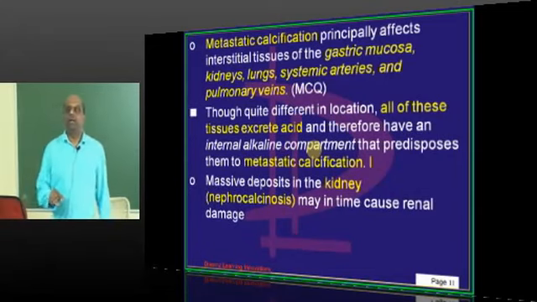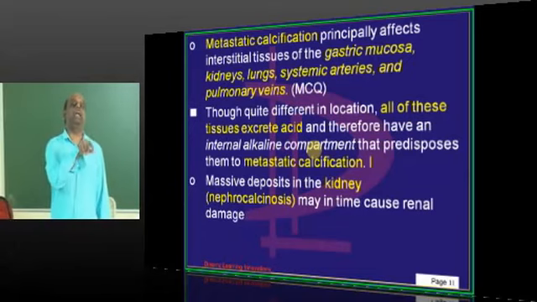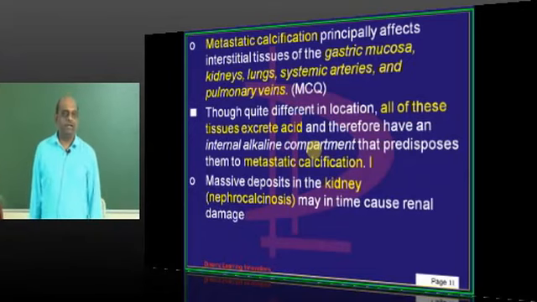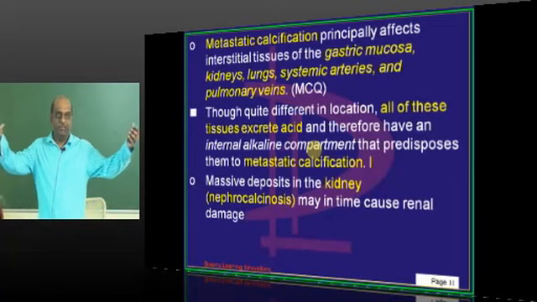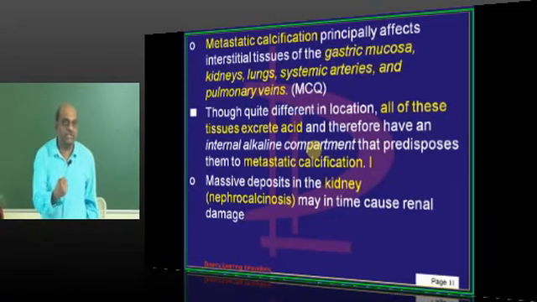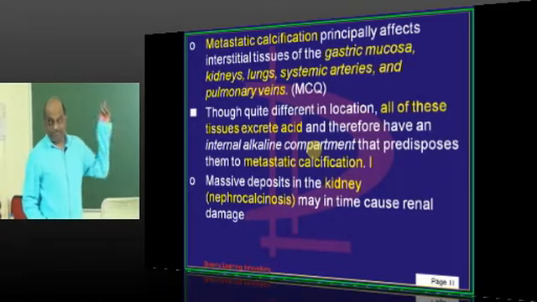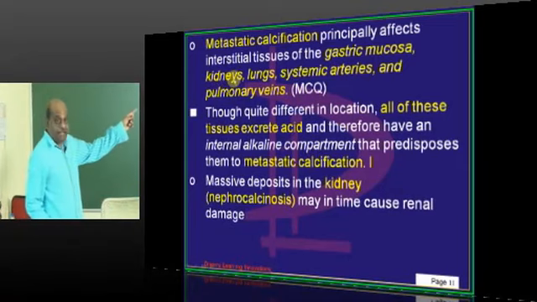Now doctor, what are those tissues where metastatic calcification typically deposits? That means hypercalcemia is there, tissues are normal, and deposition is occurring. Which tissues are highly vulnerable? Gastric mucosa. We have seen gastric mucosa earlier. Then kidneys, nephrocalcinosis can occur in a hypercalcemic state.